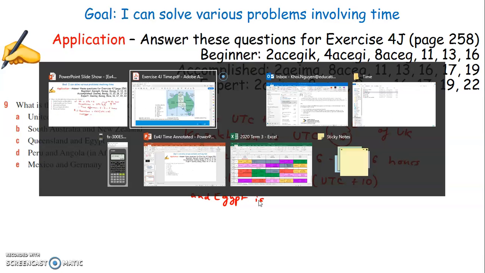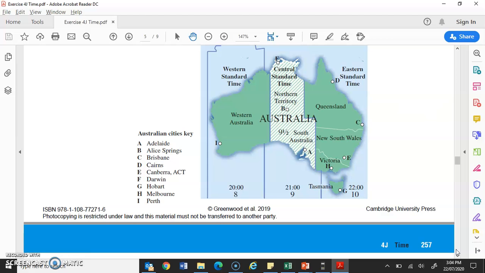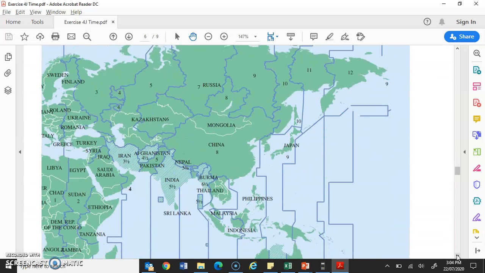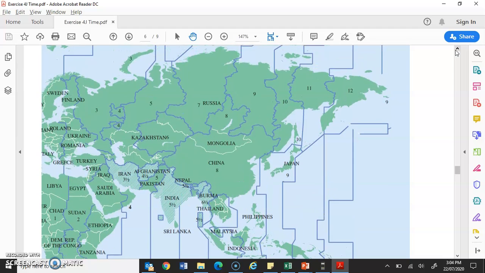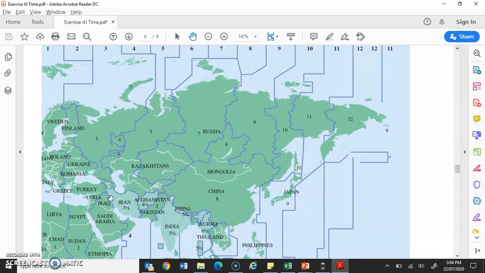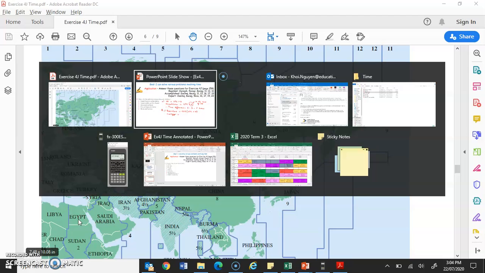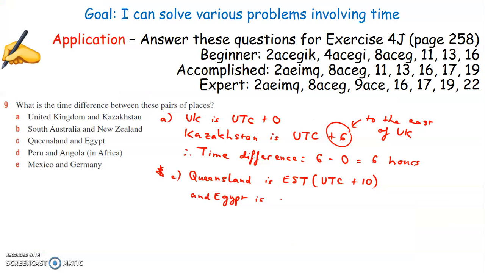Now Egypt. Egypt, you can find it there, and you can see that Egypt is going to have the same time zone as Sudan, so that means that it is 2 hours ahead. It's 2 hours to the east of the UK, so it's going to be UTC plus 2.